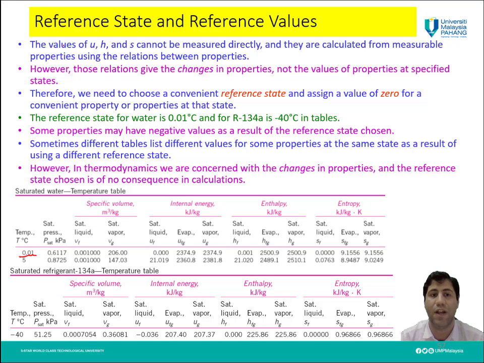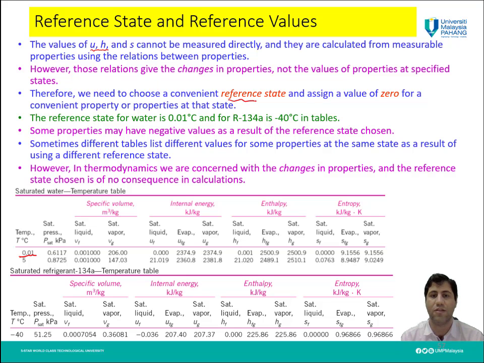Usually it is very hard to measure the U or H, I mean the energy of the system. We don't have any method to measure internal energy or even enthalpy of a substance directly. So instead we can measure the changes in these properties. To understand and find the amount of changes in these properties in different substances, we need to have a reference value.